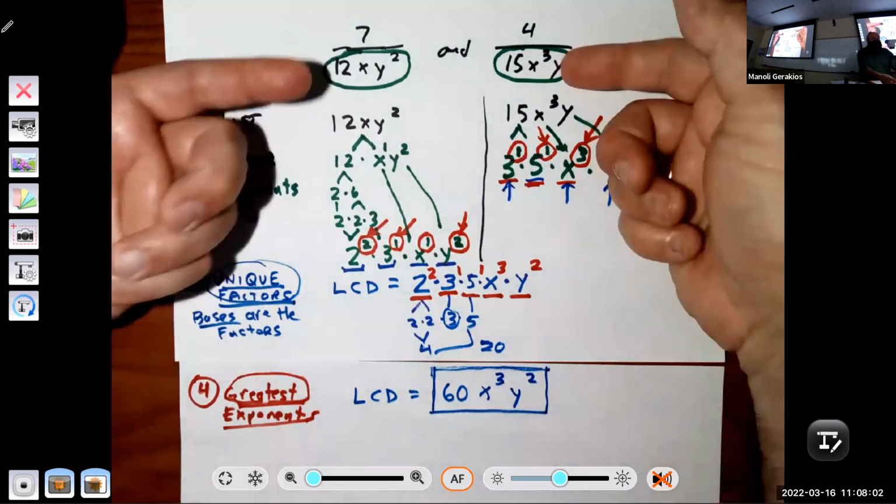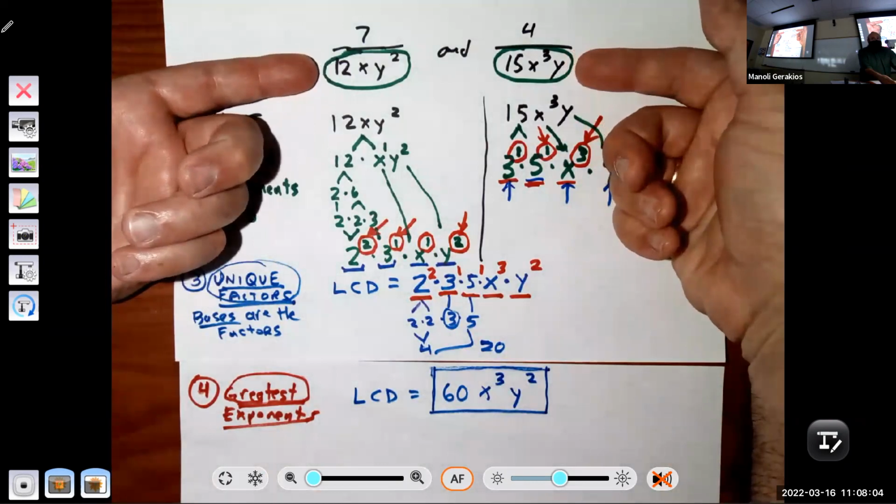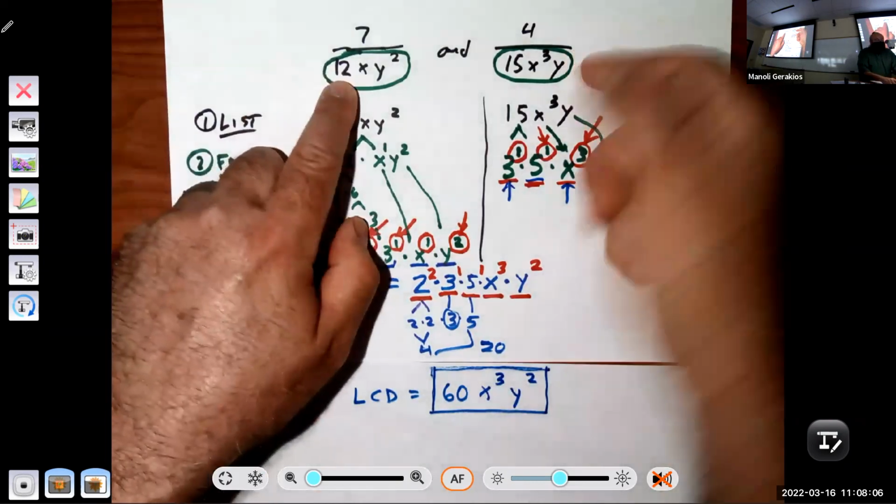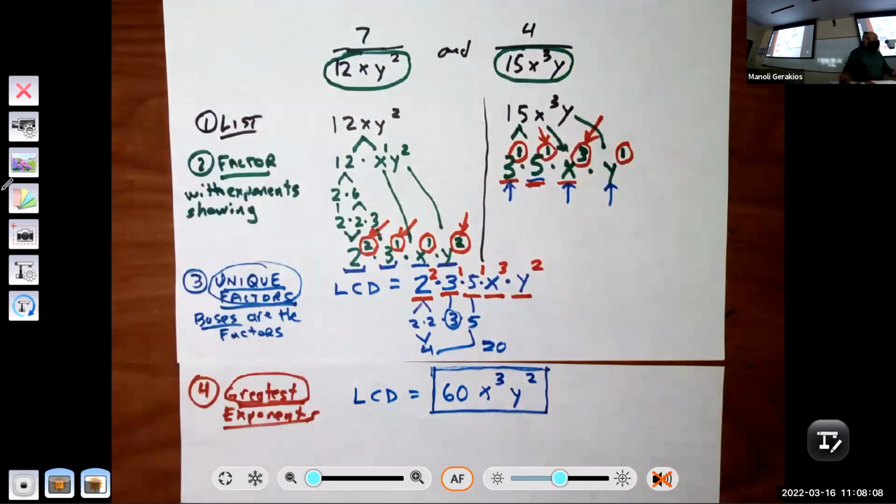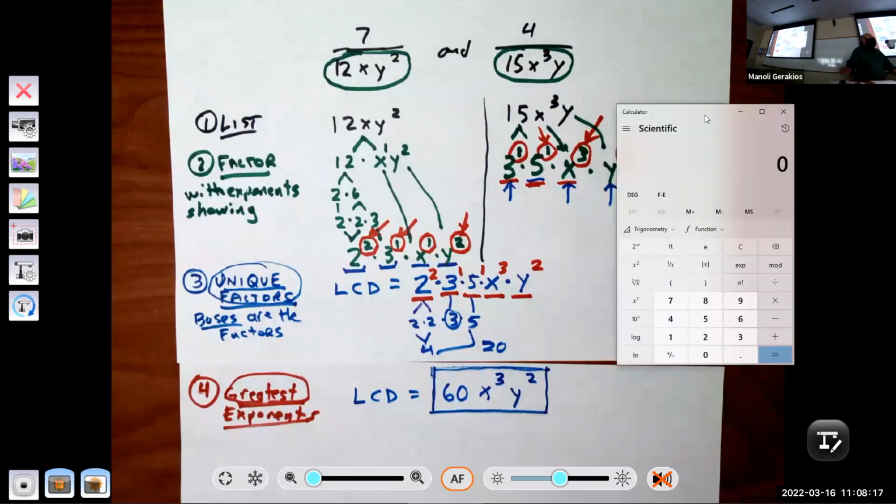Because if I was to just take these two guys and times them together, what would I get? Just 12 times 15. What is that? Like how we said in those two fractions at the beginning, why don't I just take the 3 and the 4 and times them together? In that case, it did give us the LCD.